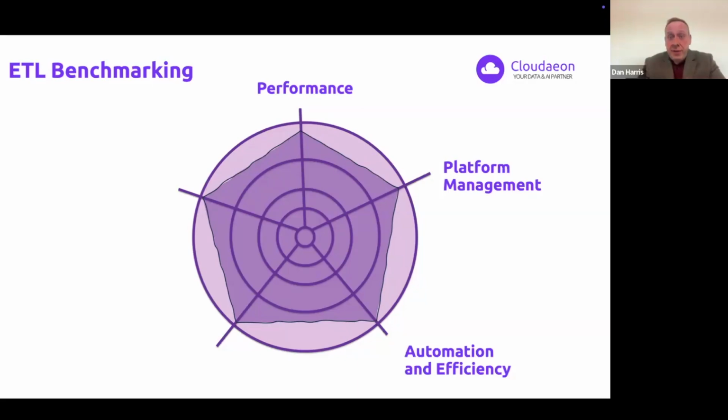But it doesn't have a huge amount of extensibility, and it's not particularly user-friendly outside of the development community who've actually coded that in Spark. So when we look at automation efficiency, we're looking really more at orchestration. We're looking at the efficient use of code, so we don't impact the availability of compute. So we can effectively do more with the same amount of resource we've got if we optimize our efficiency.